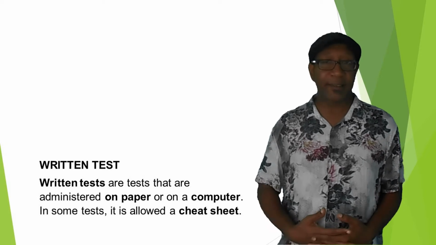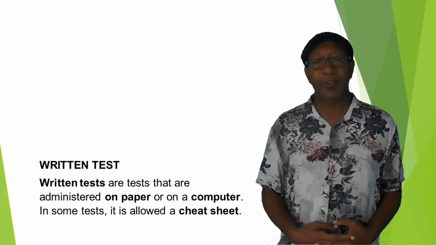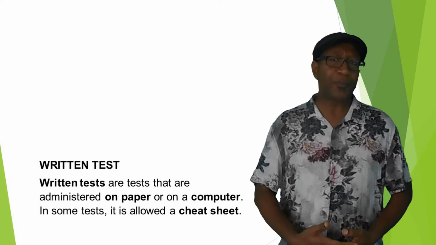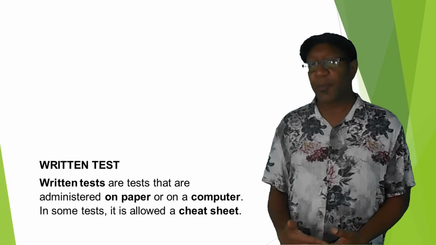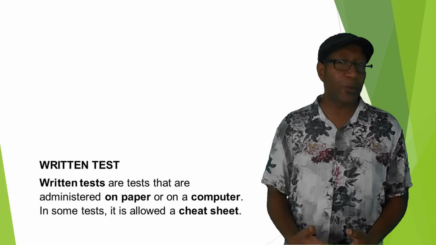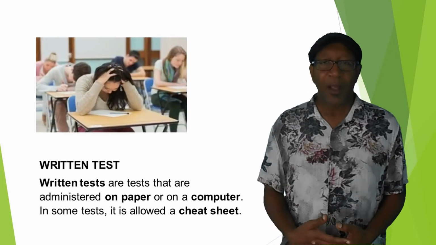So, for instance, if you study chemistry, you can have the periodic table to check some information that is not necessary to keep in your mind. You can check outside it.